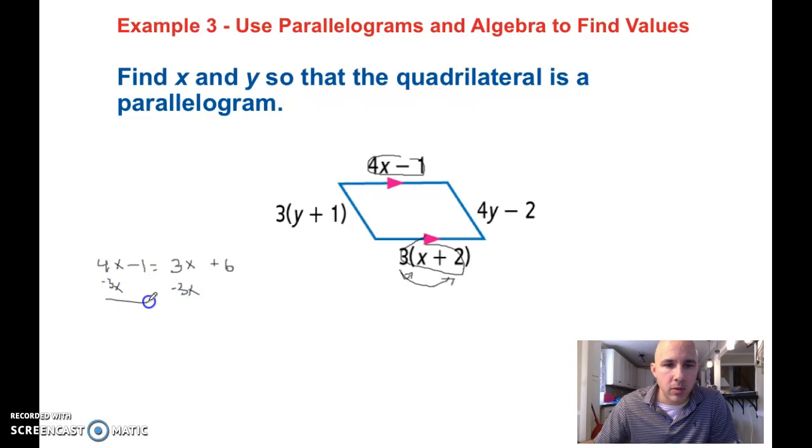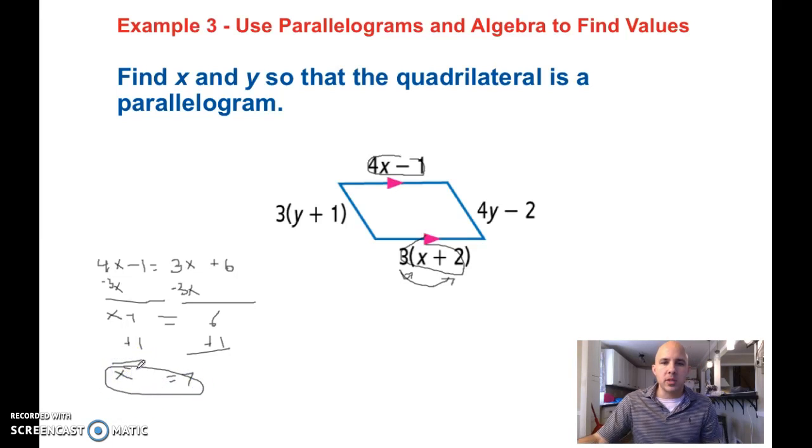Same thing over here. Here's my x minus 1 equals 6. And then I'm going to go ahead and add 1 to both sides. x equals 7. All right, so that'll be my first answer.